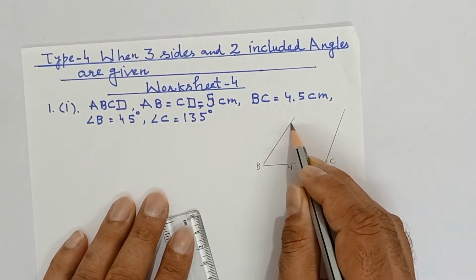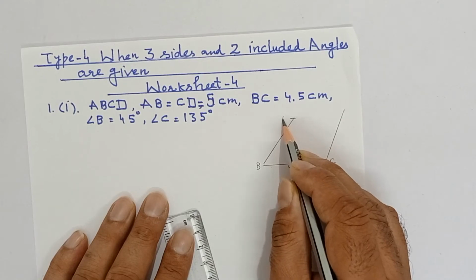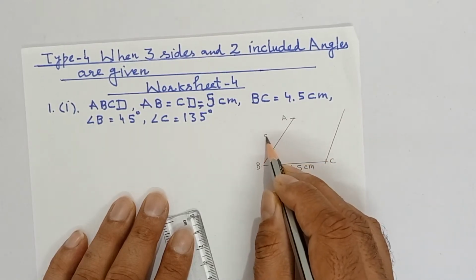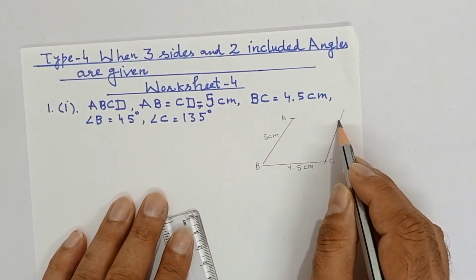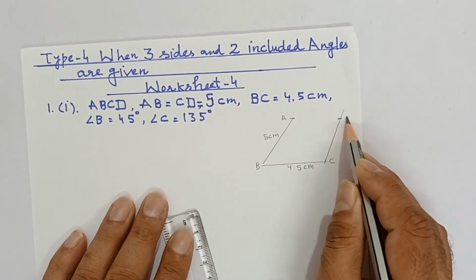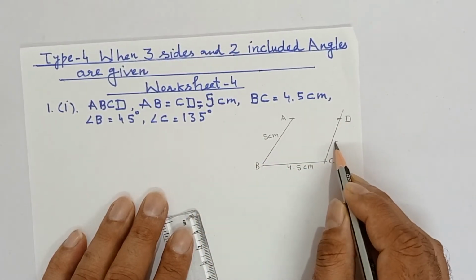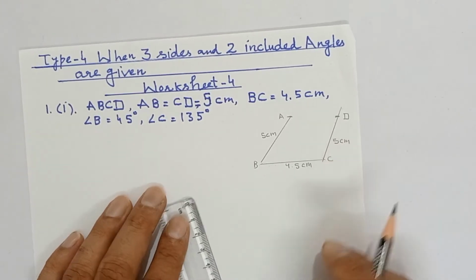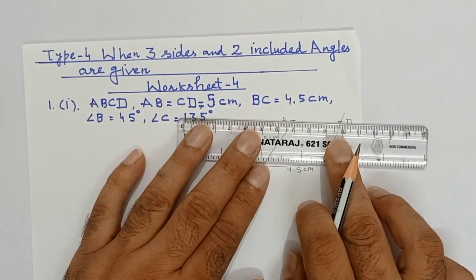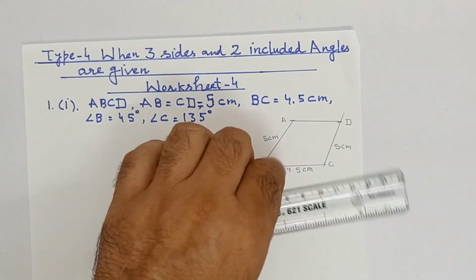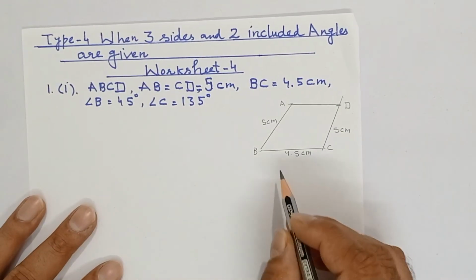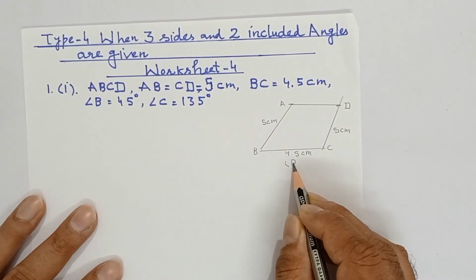From here we will cut 5 centimeter AB, and CD is given 5 centimeter. It will be here CD, that will also be 5 centimeter, and ultimately this AD will be joined. So this is the rough sketch of the construction which we are about to do now.